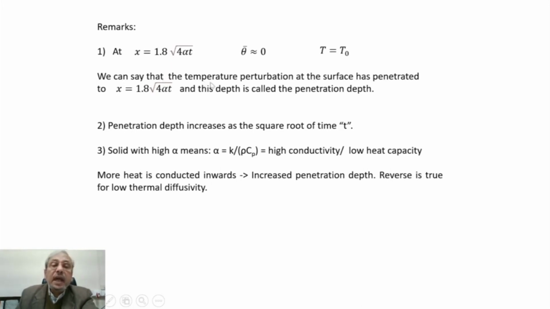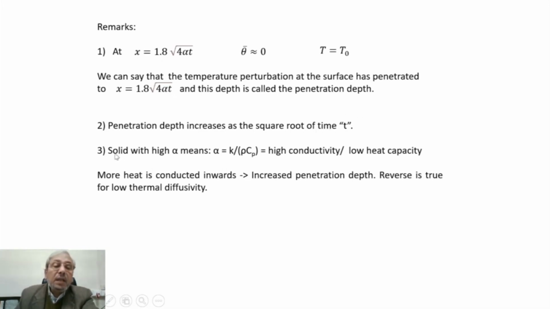We can say that the temperature perturbation at the surface has penetrated to x equal to 1.8 root over 4 alpha t, and this depth is called the penetration depth. Penetration depth increases as the square root of time t.